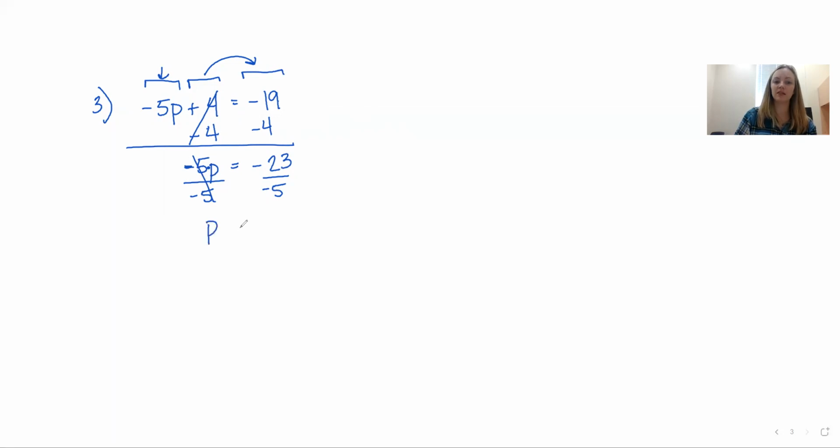We get p equals, now 23/5 can't be reduced and it doesn't divide nicely. So I'm going to leave it as it is. The only thing I'm going to change is a negative divided by negative is a positive. So I'm going to write this as 23/5.